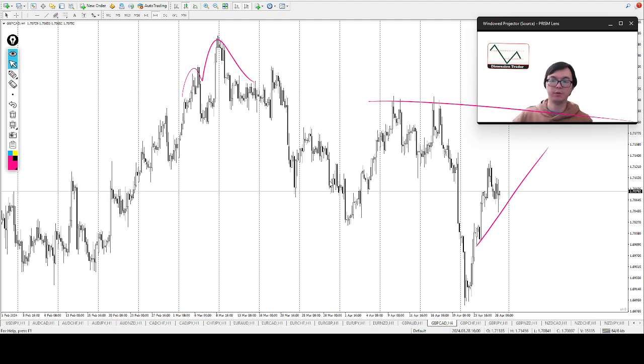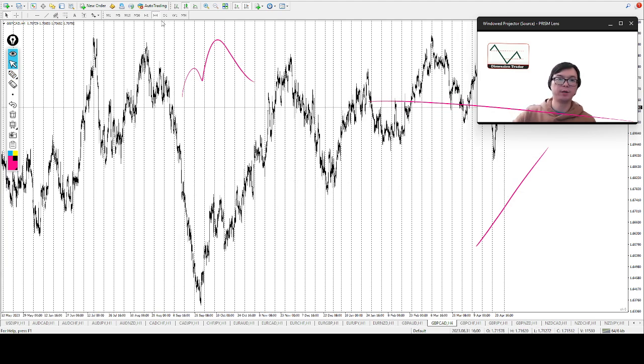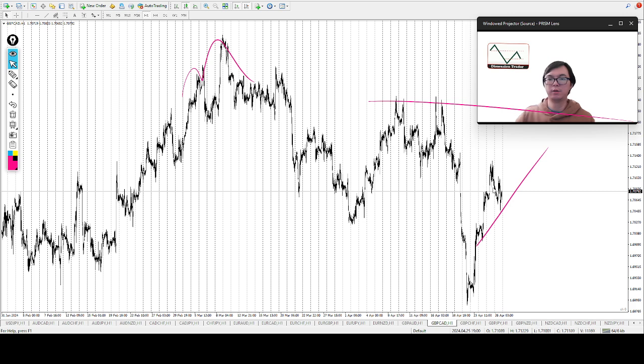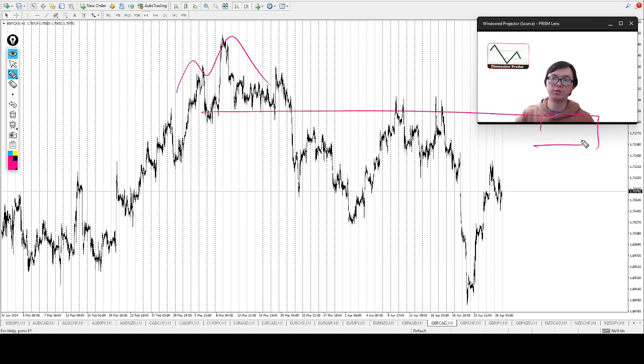At this point, this pair had nothing happening in the previous week. And the following week, we might be expecting pricing to move back to the dimension 4 right here. As long as the trendline holds, this is going to be our expectation.